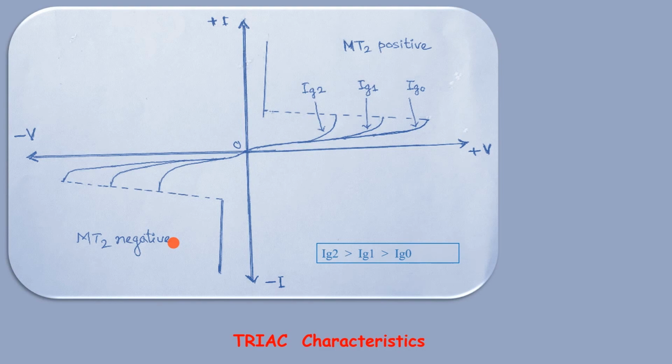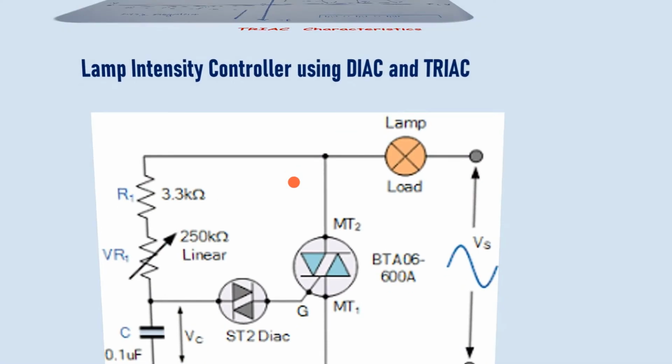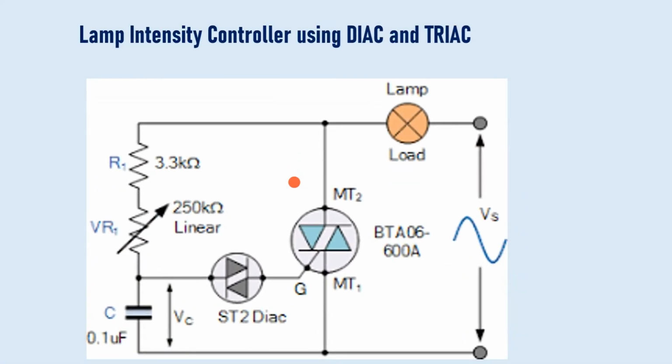So the main idea is that you have an AC device here, it can be used in an AC circuit, and you have control on its firing. Let us consider a simple application. This is a lamp intensity controller using a diac and triac.